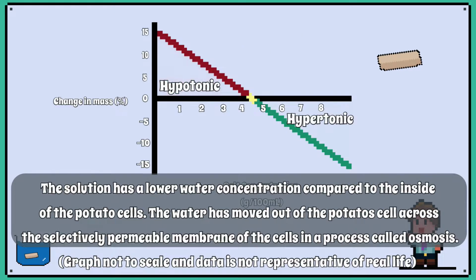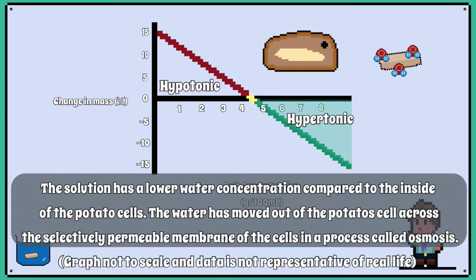If the mass of the potato strip has gone down, then the solution has a lower water concentration compared to the inside of the potato cells. The water has moved out of the potato cells across the selectively permeable membrane via a process called osmosis. The scientific term for a solution that has a lower water concentration than the inside of the cell is a hypertonic solution.